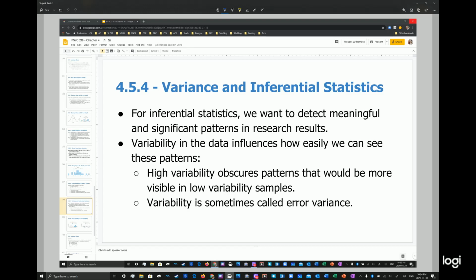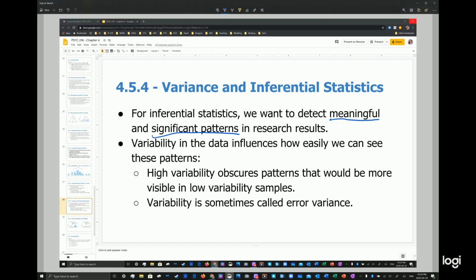But these points here would say that knowing the variance in our samples would help us figure out if the samples are going to be different. And this is the different part would be our meaningful and significant patterns. And most of the time we're looking for differences between samples and population, and more likely and more importantly and more specifically between samples.